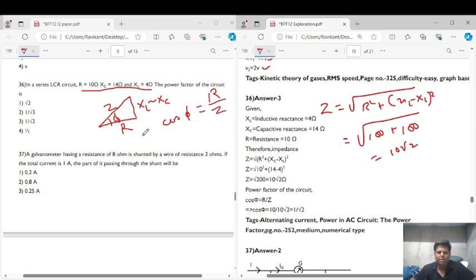So cos phi will be equal to R upon Z, which is 10 upon 10 root 2. This goes off and we get 1 by root 2. So power factor is equal to 1 by root 2. So the correct answer of question number 36 is option 3, that is 1 by root 2, right? So now let's get into question number 37.